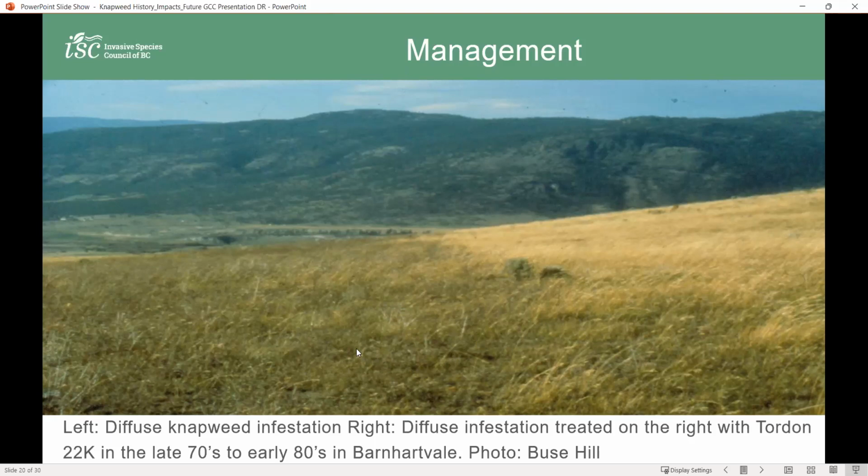You can see here on the left is diffuse knapweed that's infested, and on the right is an area that was previously diffuse knapweed, and it was treated with Tordon 22K. You can see that real difference. There was great grass recovery, and this area stayed knapweed free for many, many years, with just some maintenance and follow-up treatments by the Buse Lake Ranch. This area was eventually all sprayed.